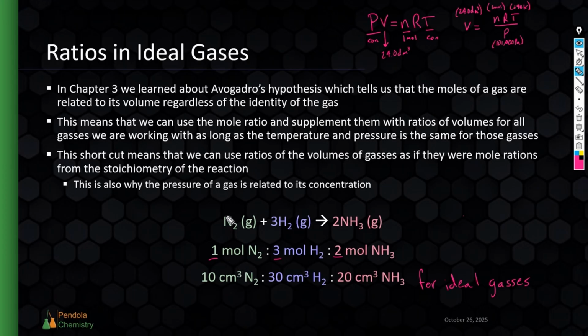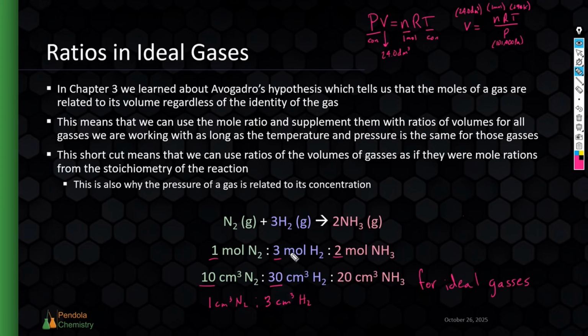Meaning if we had 10 cubic centimeters of nitrogen reacting, because the ratio of nitrogen to hydrogen is a 1 to 3 ratio, 10 cubic centimeters of nitrogen would need 30 cubic centimeters of hydrogen. The same way 1 mole of nitrogen needs 3 moles of hydrogen, 10 cubic centimeters of nitrogen needs 30 cubic centimeters of hydrogen. Or essentially 1 cubic centimeter to 3 cubic centimeters.